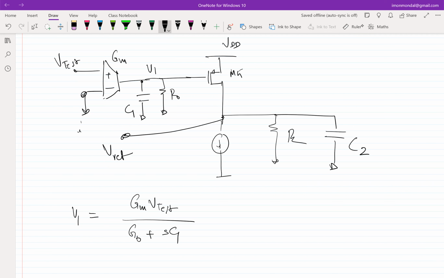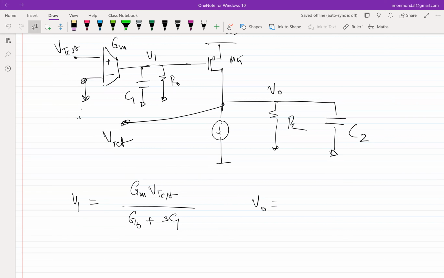What about V0 in terms of V1? You can assume M5 to be an ideal GM. So what will be the incremental current through M5 because of V1? GM5 times V1, right? Which direction? Upwards, right?